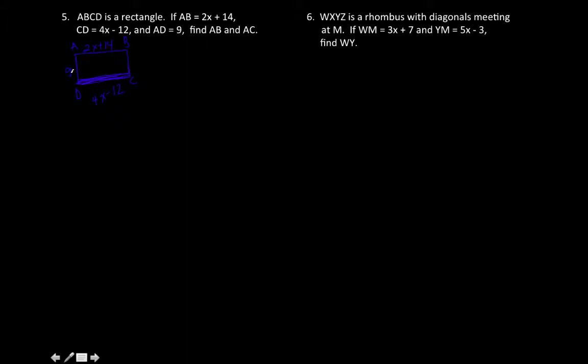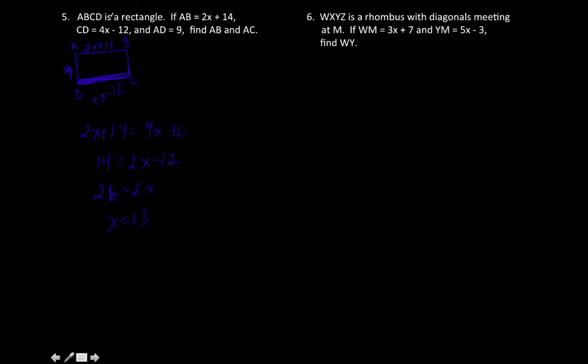So first, let's find AB. So we have 2x plus 14 equals 4x minus 12 because it's a parallelogram. Subtracting 2x, 14 is 2x minus 12. Adding 12, 26 is 2x. X is 13.